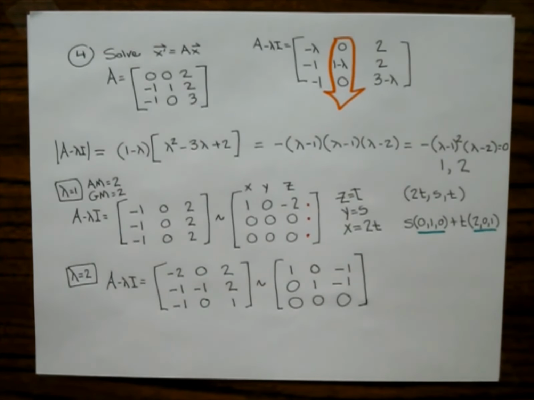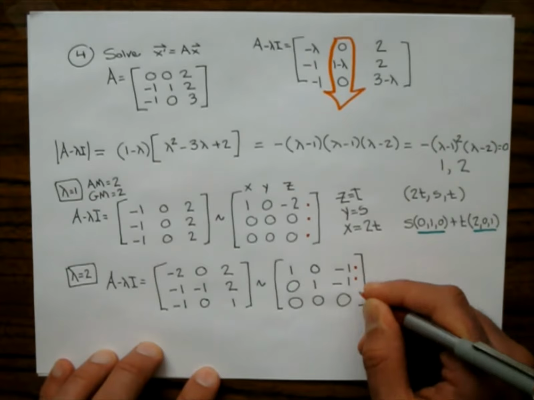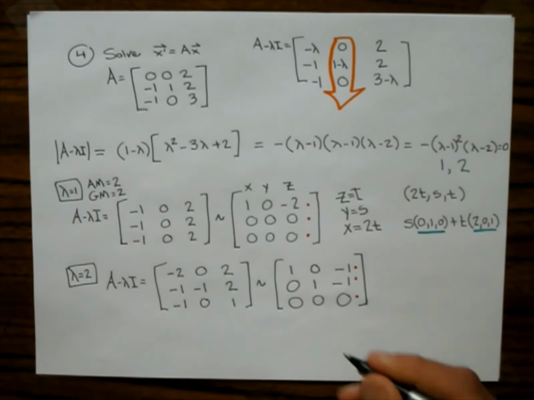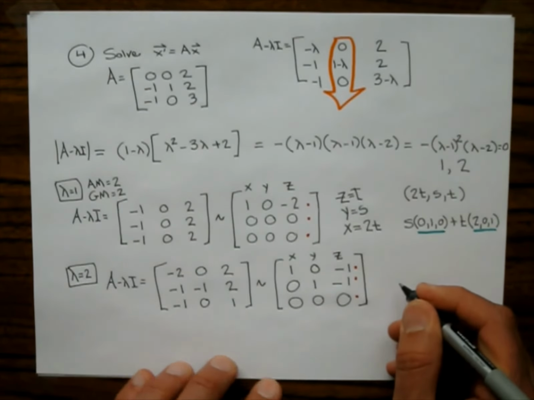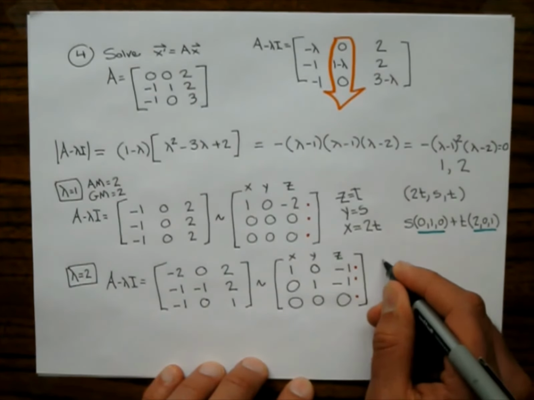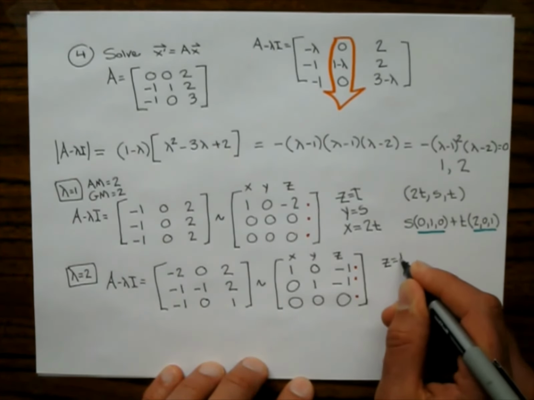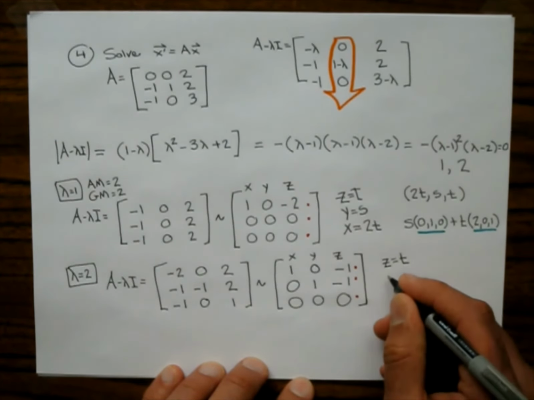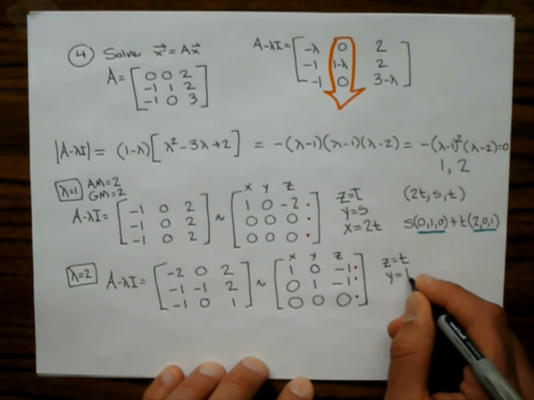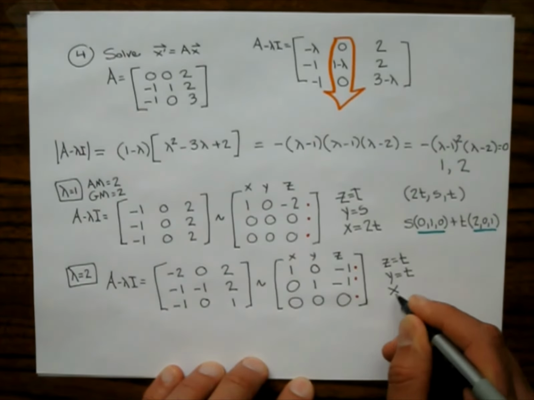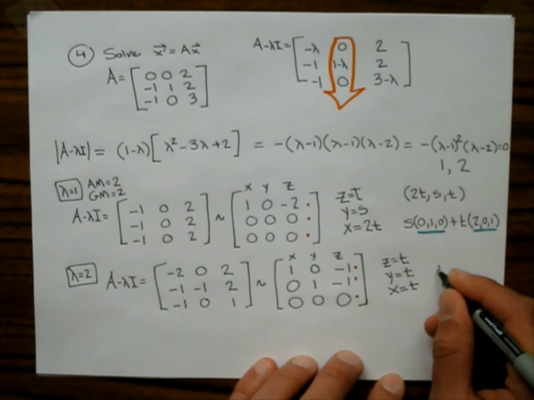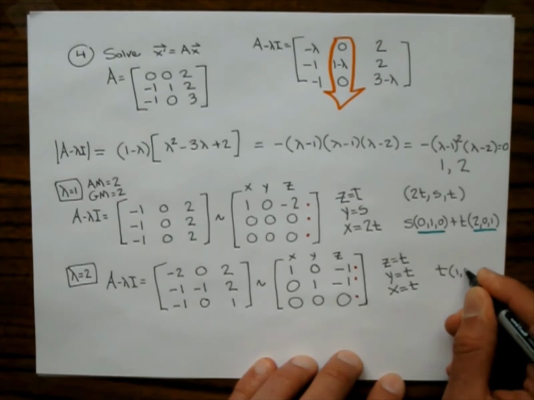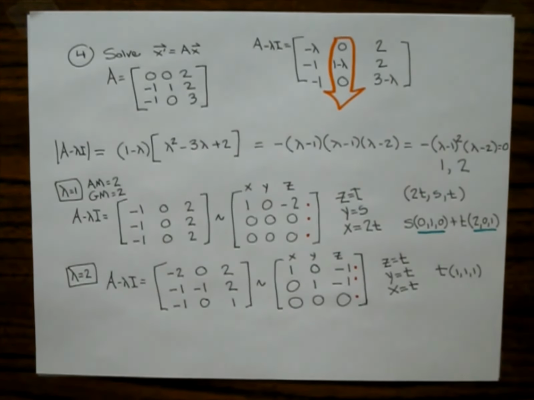What am I trying to find on this matrix? The null space. Here's x, y, and z. So I have that z equals t, and from the second row I get y equals t, and from the first row I get x equals t. So this is t times 1, 1, 1.